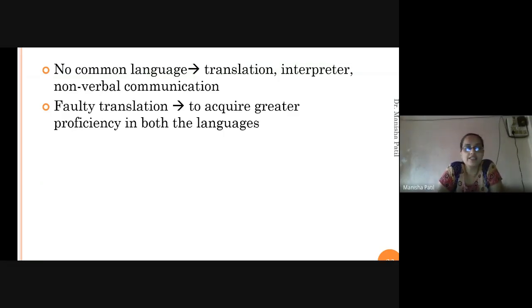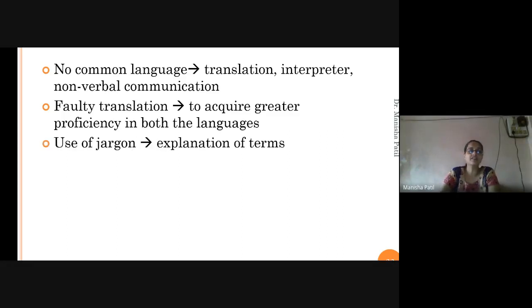In English, it is mother-in-law, which should have been translated as सासू माँ, but the translator does not know the word सासू माँ, so mother is माँ, in-law becomes kanuni. Now, if you want to understand what you mean by kanuni ma, you have to translate it back into English. Otherwise, what do you understand? Legal mother. So what you have to do to overcome faulty translation is you have to acquire greater proficiency in both the languages.